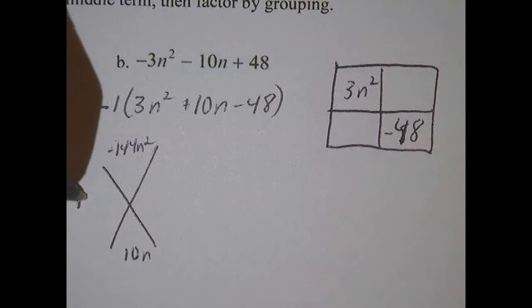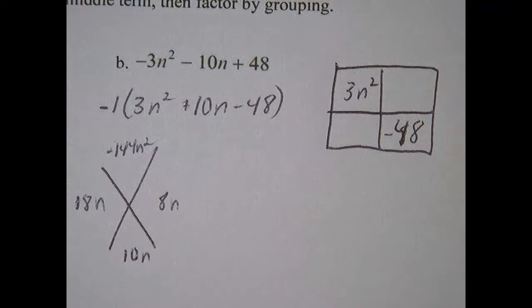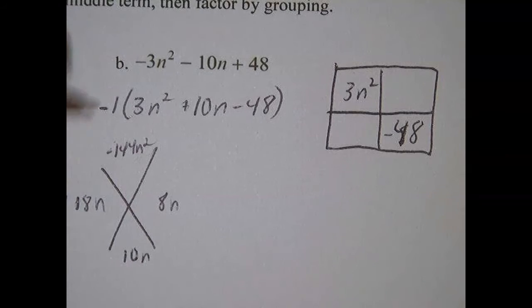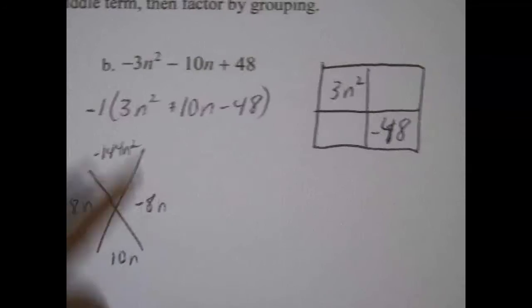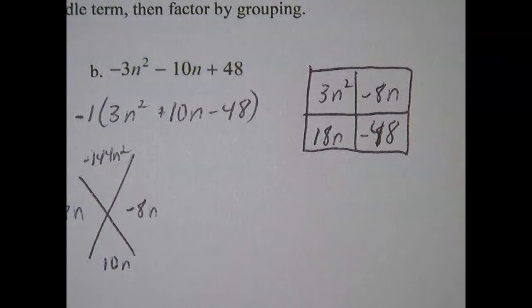So I put an 18n and an 8n, and I want to have a positive this time, so I'm going to make this one the positive because that's the bigger number, this one the negative. If I multiply them together, I get the negative. If I add them together, I get the positive. These are the pieces of the other two corners of the box. So I'm going to put the 18n in one corner and the negative 8n in the other corner.